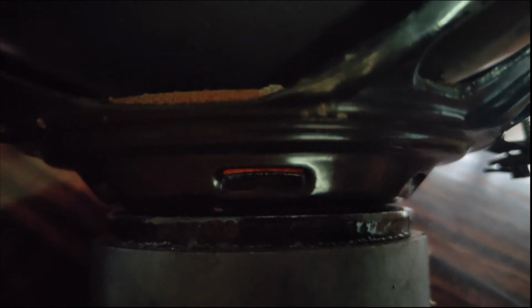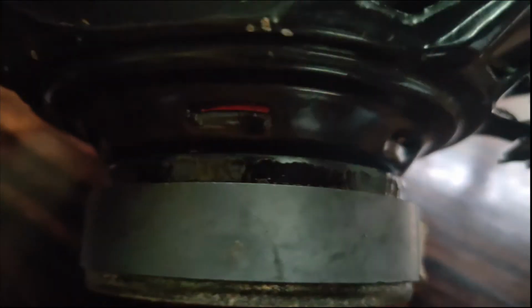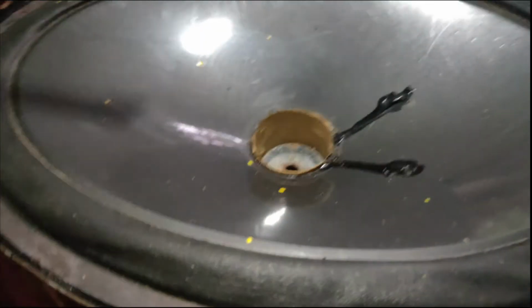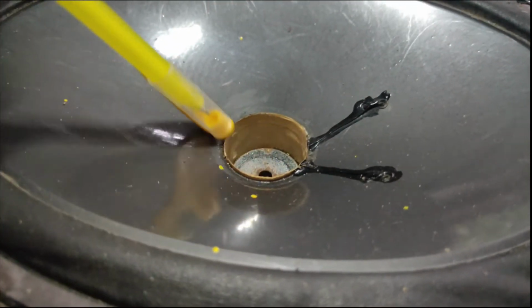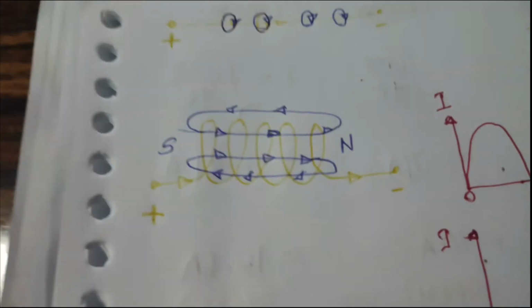In our case, this electromagnet or this solenoid is called a voice coil. A voice coil is also capable of producing its own magnetic field. You can see this voice coil inside this. The polarity produced by this voice coil is highly dependent on the direction of current.